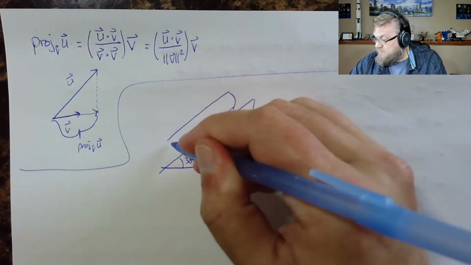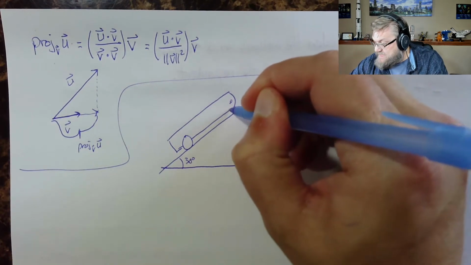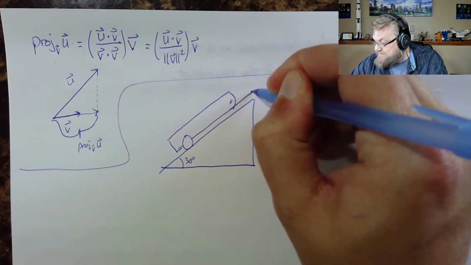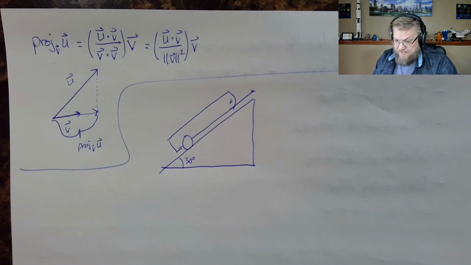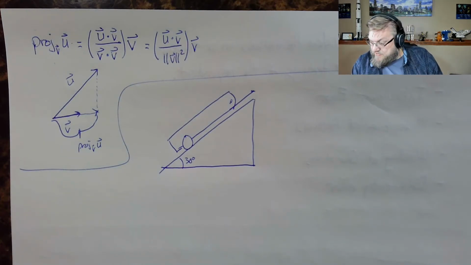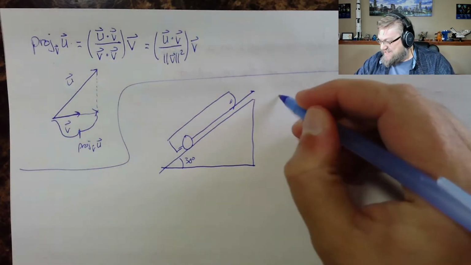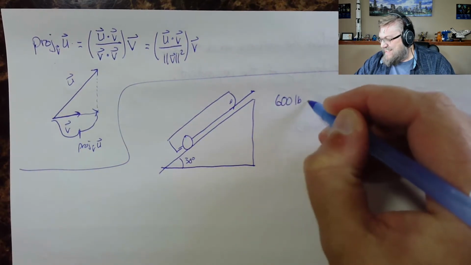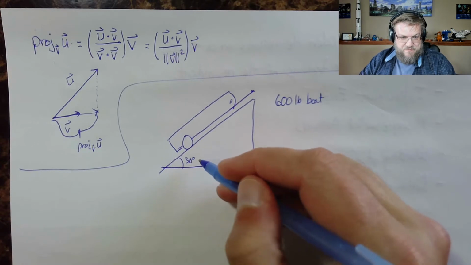Pretend that's a boat, and it's being anchored or connected to something off screen like that. I think that's personally the worst drawing I've ever made, but that's okay. Anyway, we got a 600-pound boat, and the ramp is 30 degrees.